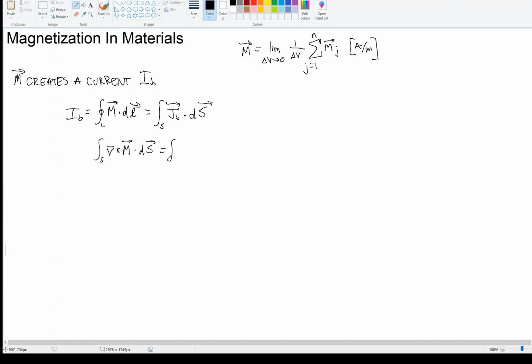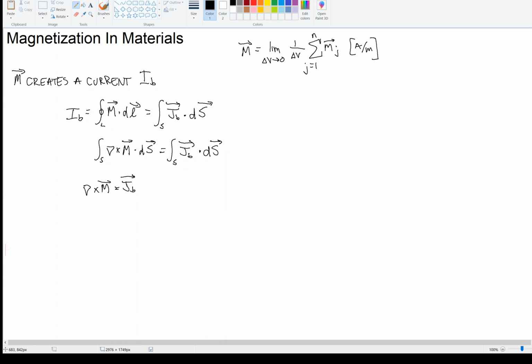That must be equal to this same integral. Okay, and then we have the same surface, so we can compare the same integrands. We've done this a couple times already in this course. And we see that the curl of the magnetization is equal to the bound current density.